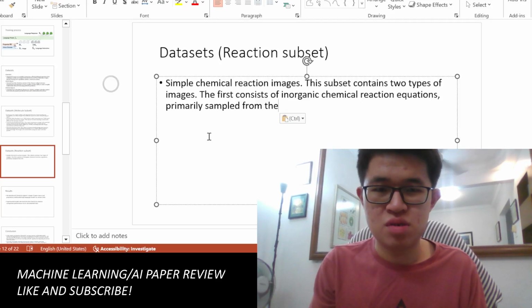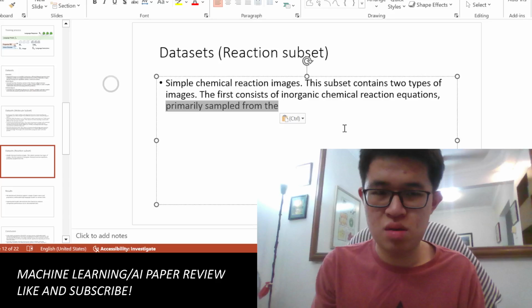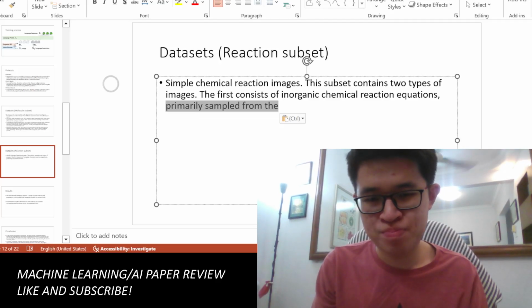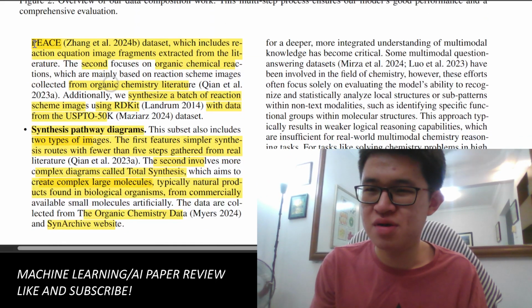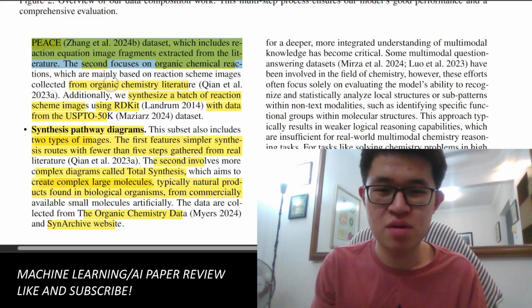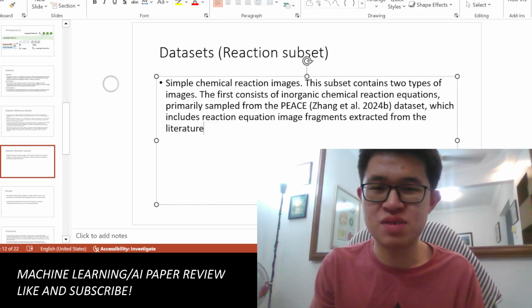Simple reaction pathways. Honestly though, I don't feel like spending too much time on this presentation.